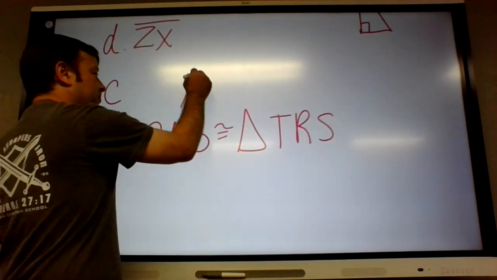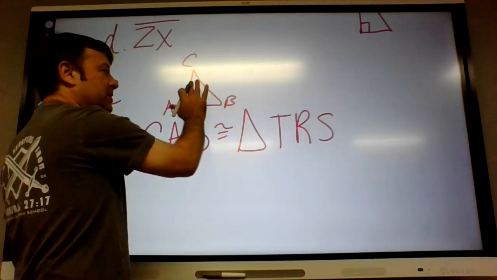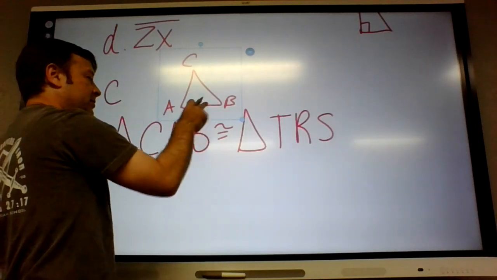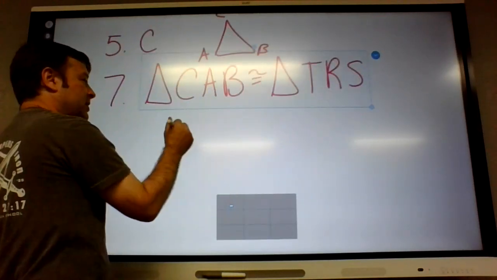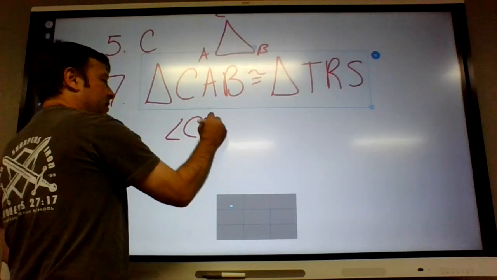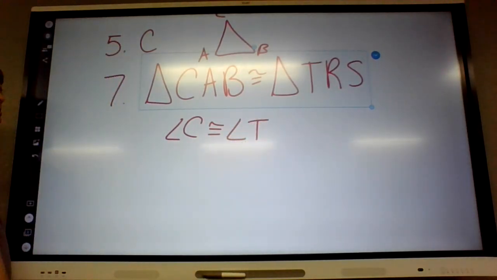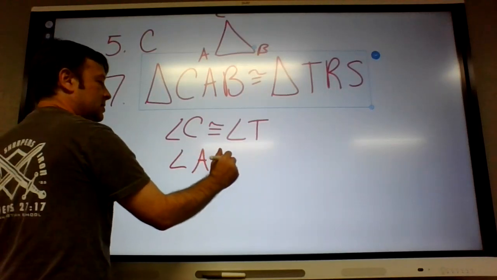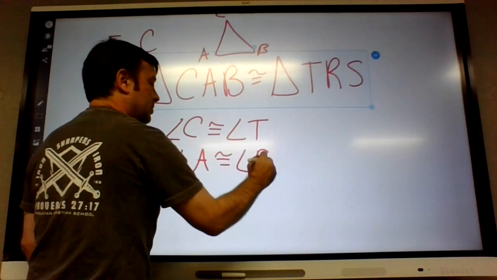You don't really need the picture to figure this out. You can just look right here. There's an angle C, angle A, angle B. Angle C is going to be congruent to angle T. They put it in order. So angle C is congruent to angle T. Angle A is congruent to angle R.